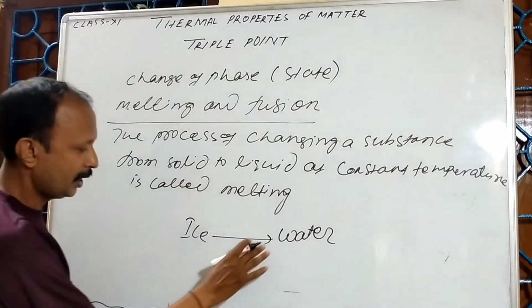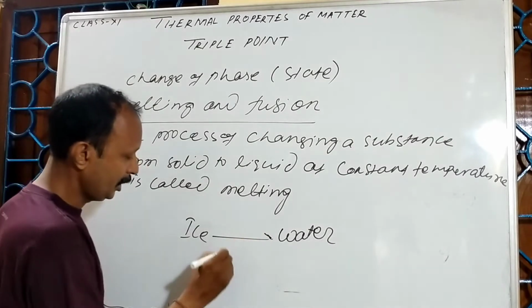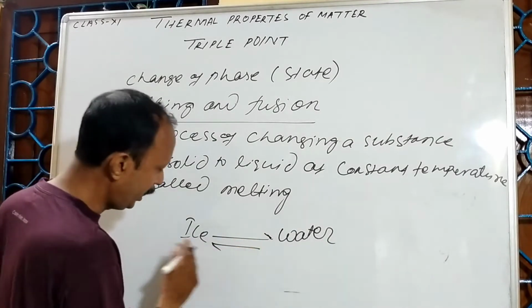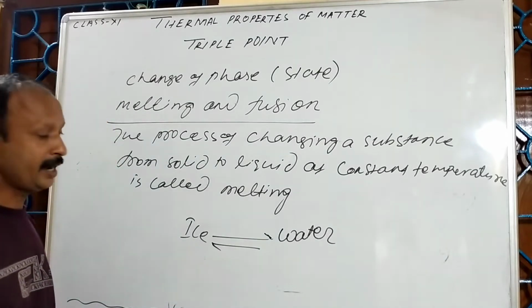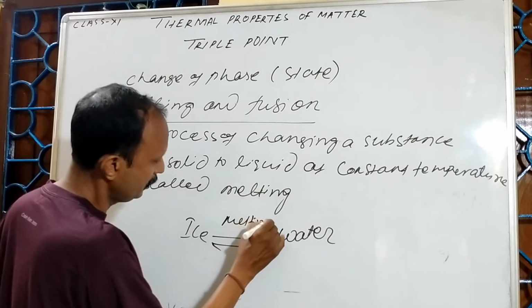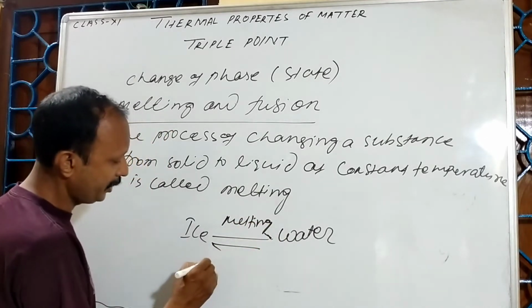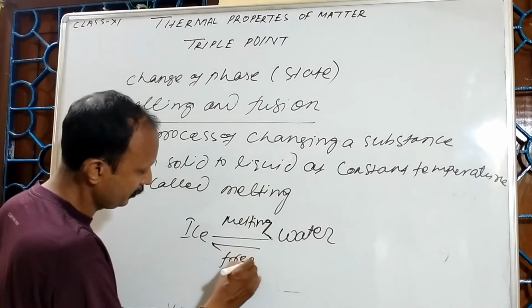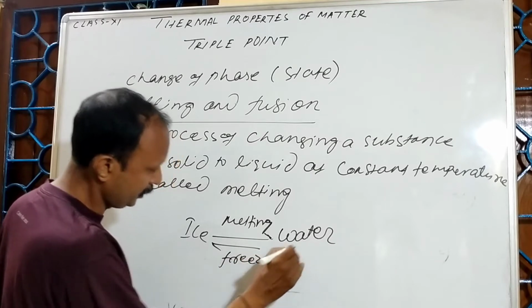water. At the same time, if we cool the water, again we will get back the ice. So ice to water, I said that is melting. Water to ice, that is we can say freezing.